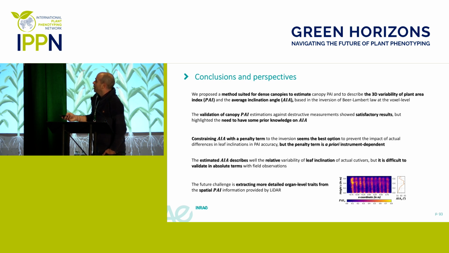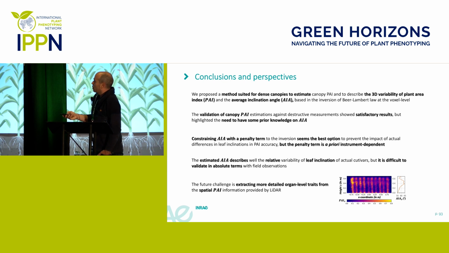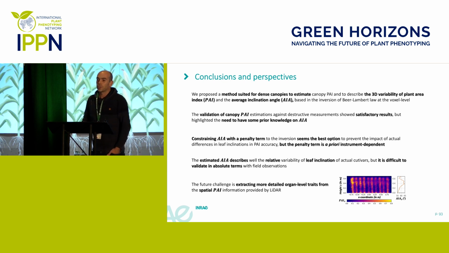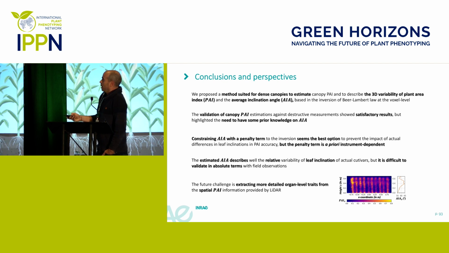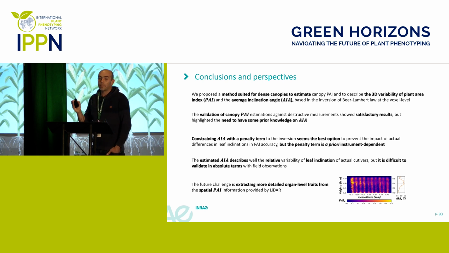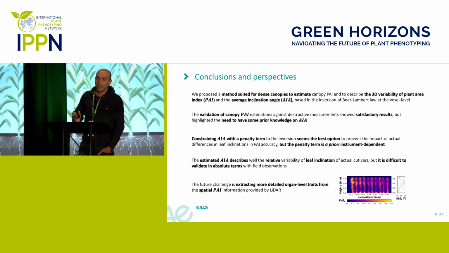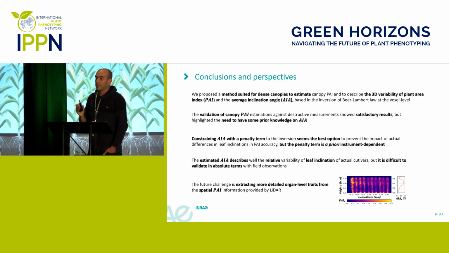The validation of the canopy shows satisfactory results, but however, we need to have some previous knowledge on the average inclination angle to have these results. The best strategy is constraining the leaf angle with a penalty term. However, this penalty term is a priori instrument dependent, and this is a bit of an issue. I mean, you need to change it probably from time to time.